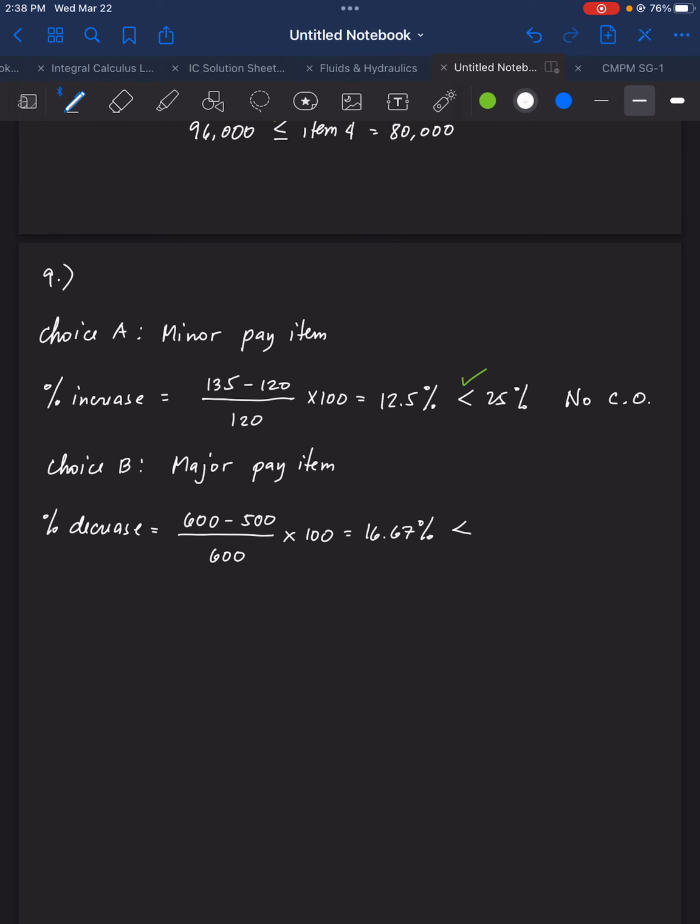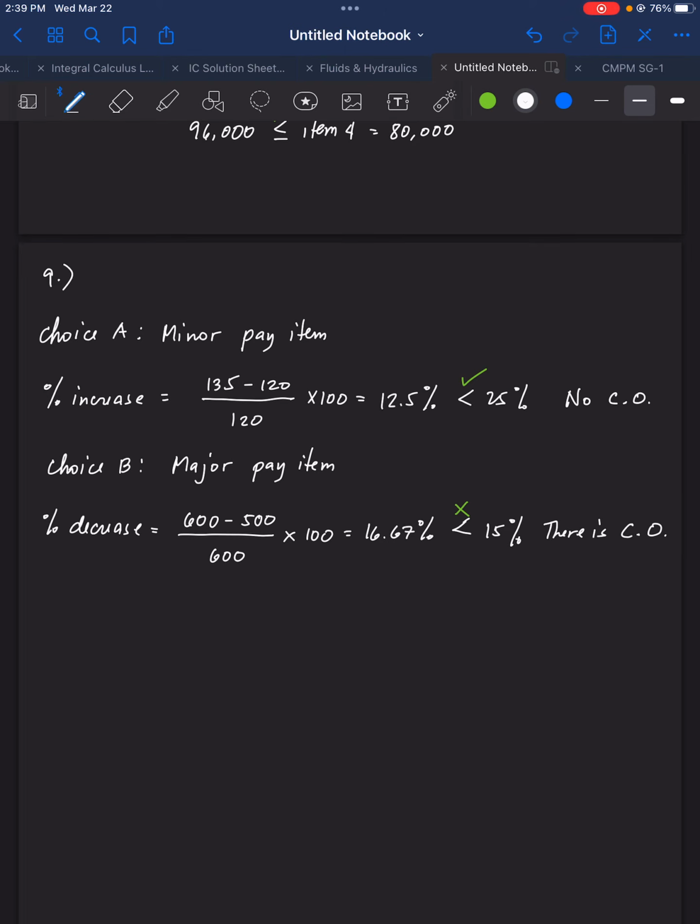For a major item, the limit is 15%, right? Is 16.67% less than 15%? No, it's not less than 15%. Therefore, we conclude that there is a change order.